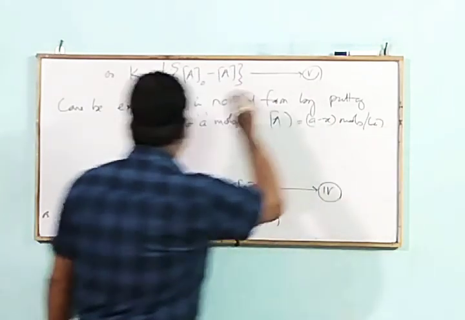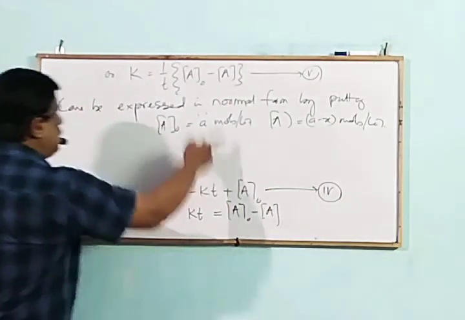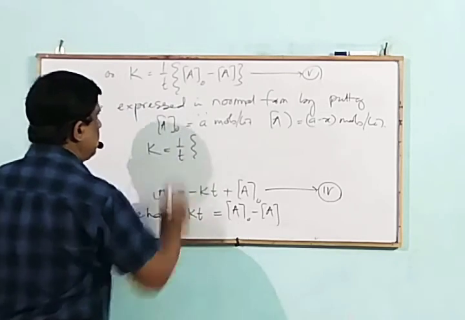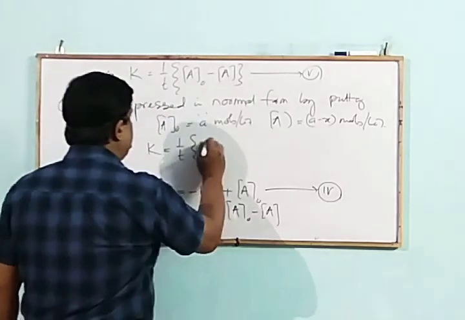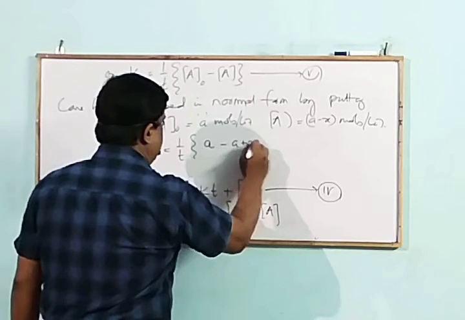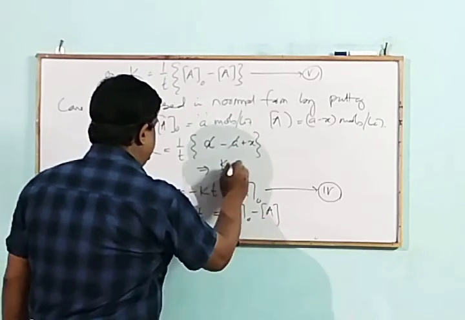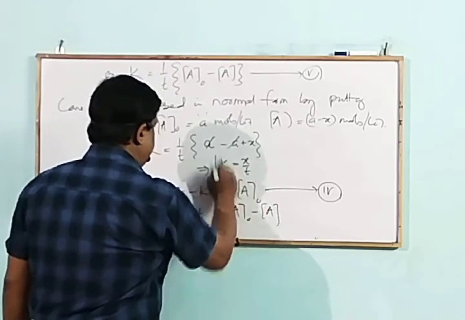Putting these values in the above equation, we have k is equal to 1 by t into a minus a plus x. That means k is equal to x by t.